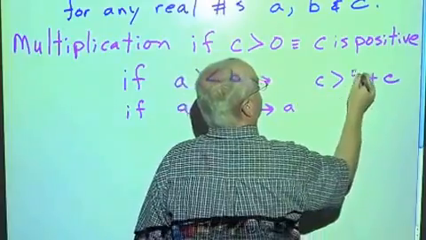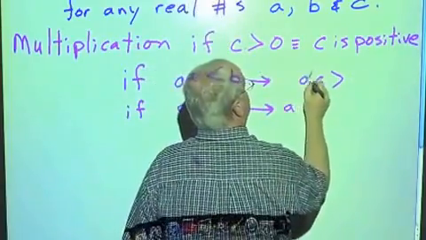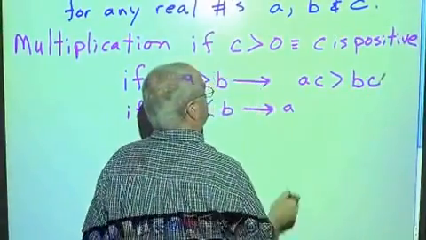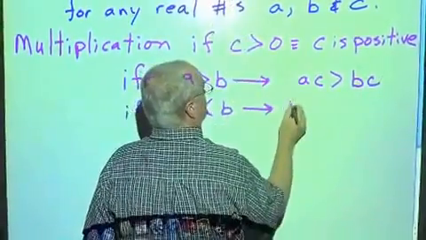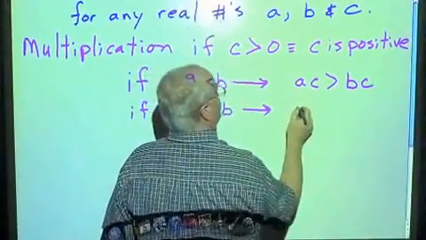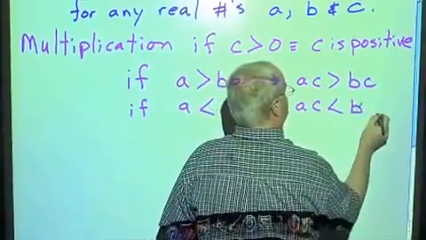We're talking about multiplication, so let's do multiplication. A times C is greater than B times C. And down here, if A is less than B, then A times C is less than B times C.